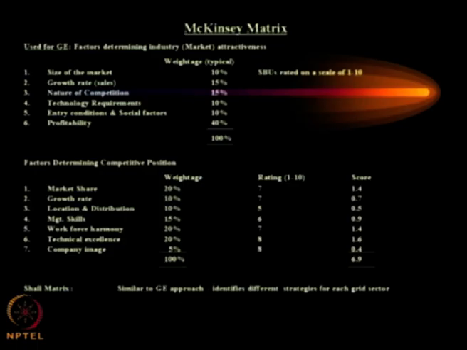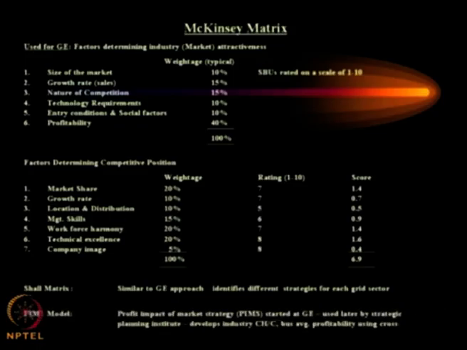Now, using all these approaches, the Shell company came out with a directional policy matrix. This directional policy matrix is similar to the GE business screen. It was adopted by the Shell Oil company in the US, Shell being, as you know, a well known oil company.